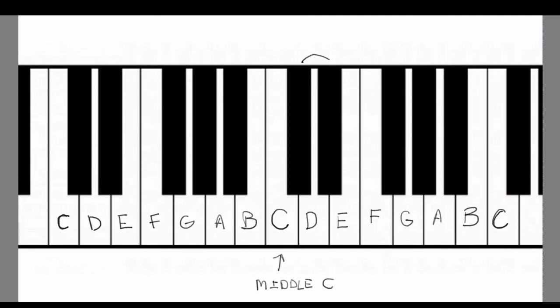And in fact, what you'll notice is it is not only the C that has this relationship of the octave, where every 8 notes we get another C, but actually every one of these white notes has that same phenomenon.